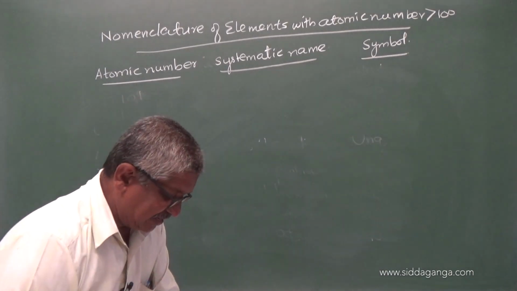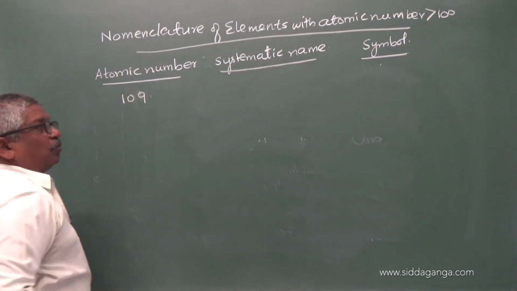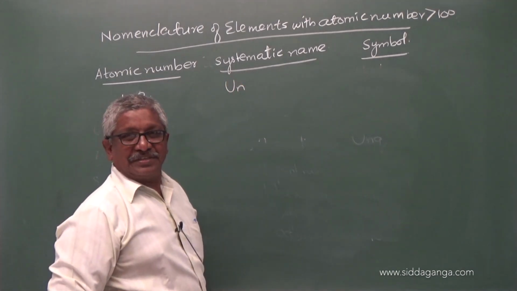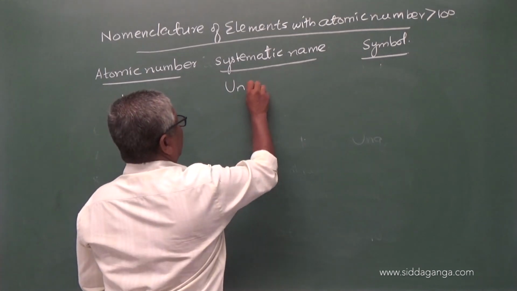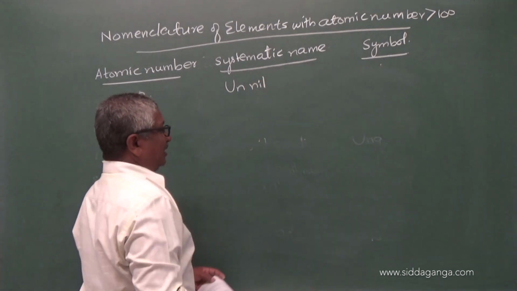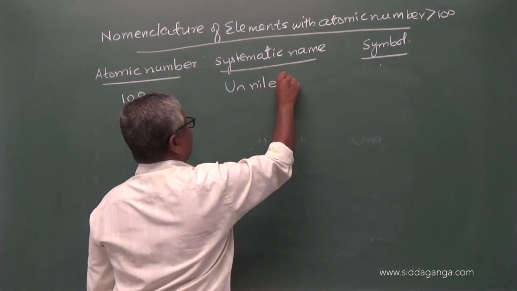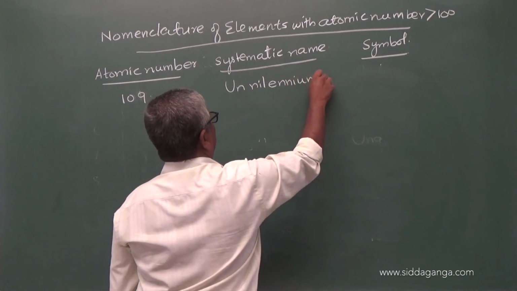One, not, 9. For 1 it is un. In 0 it is nil, and 9 it indicates enn, ium.